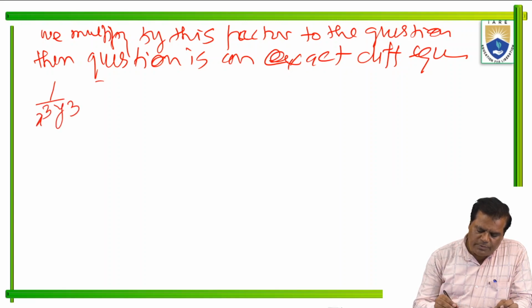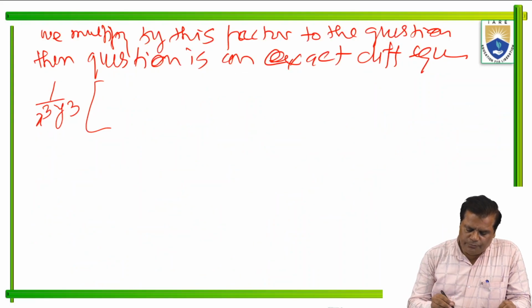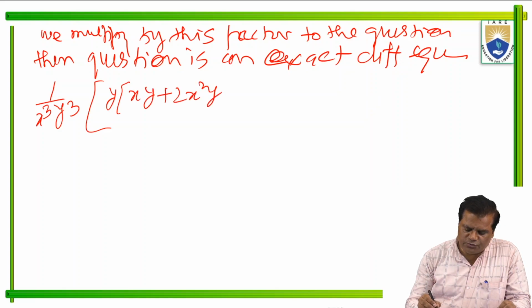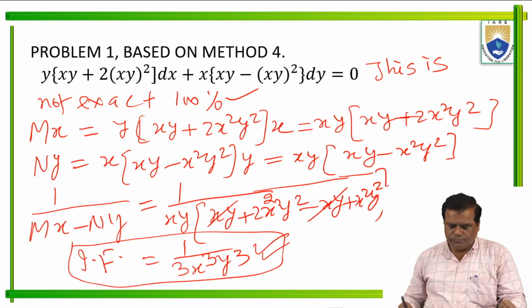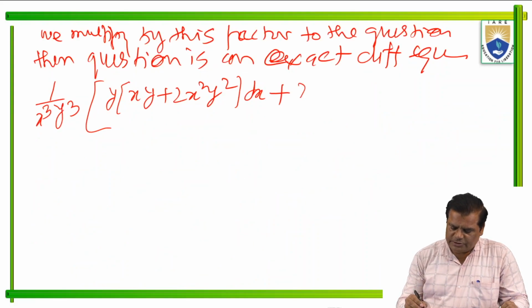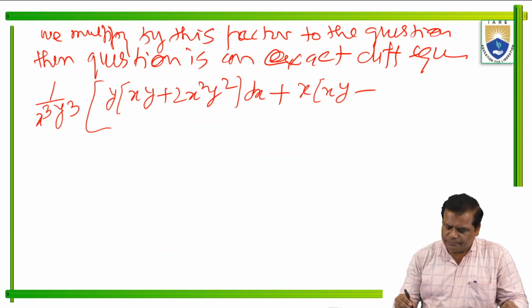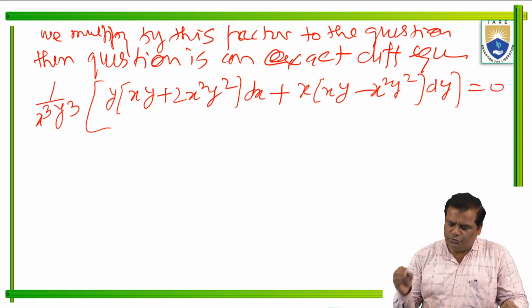x cube y cube multiplied to the equation. What is the equation? The equation is y times xy plus 2x square y square, into dx, plus x times xy minus x square y square, and dy equal to 0.